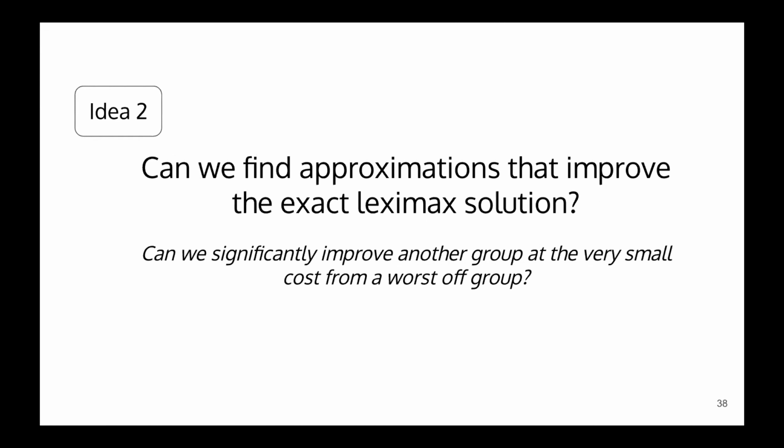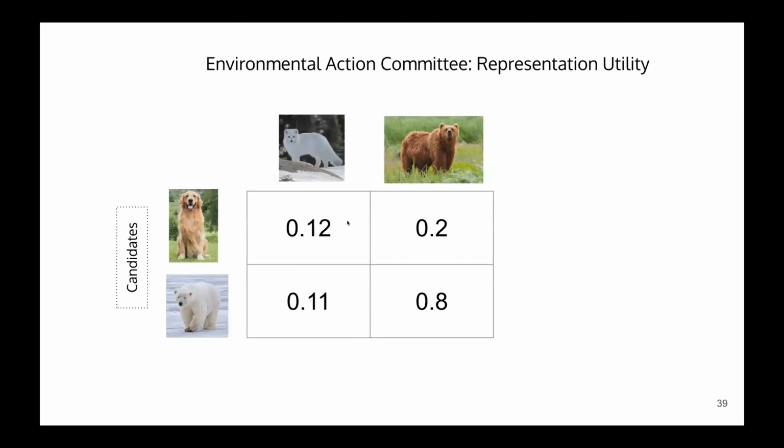So a second notion of approximation we explore is, how can we find approximations that improve the exact Leximax solution? In this case, where we have these tensions between different subgroups trying to maximize utility with different candidates, we can ask, can we significantly improve another group at a very small cost from a worst off group? And this is the example here.